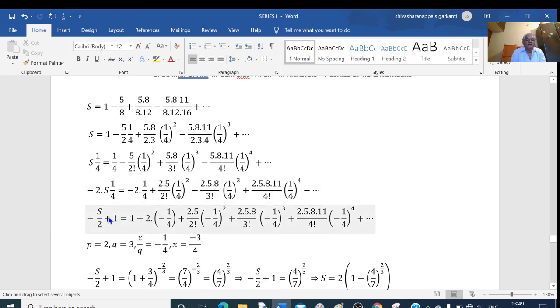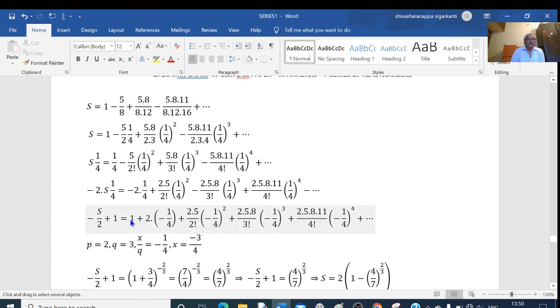So, that is here. Plus 1 equal to 1 plus 2 into, I will write this as minus 1 by 4, plus 2 into 5 by 2 factorial into, this can be written as minus 1 by 4 square, plus 2 into 5 into 8 divided by 3 factorial. I will write this negative sign here, minus 1 by 4 to the power of 3. Because power is 3, I will take this inside this bracket, plus and so on.